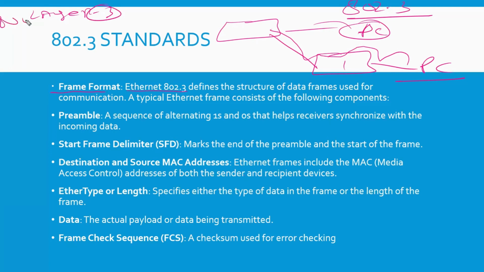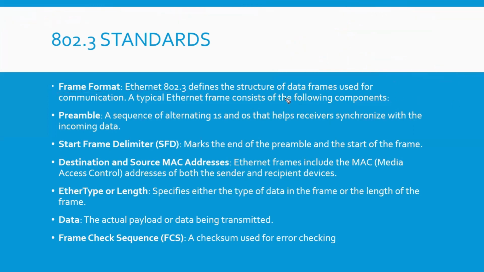Layer 2 has the frame, and I will talk about the frame again in the OSI model, but all kinds of frames have to follow the same rules, regardless of which type of media you are using. Are you using fiber, coax cable, or copper Ethernet cable? They have to follow the same rules for how the frame travels, how you understand that frame, and how you transmit those frames. This is the standard that we have to follow.